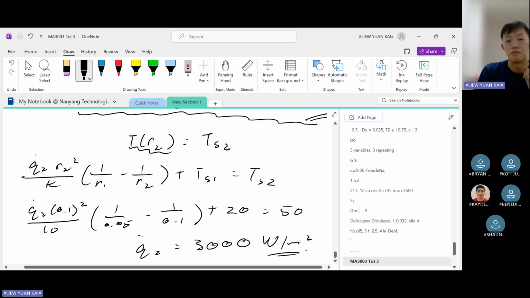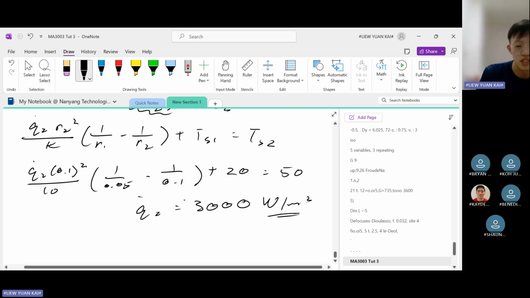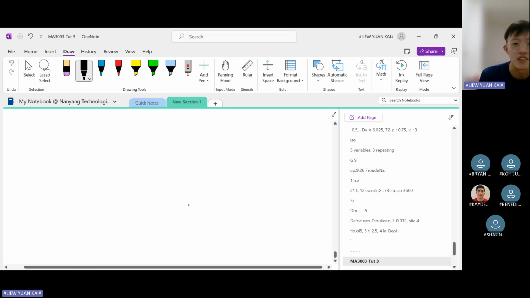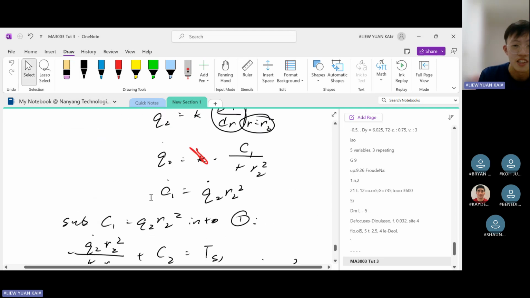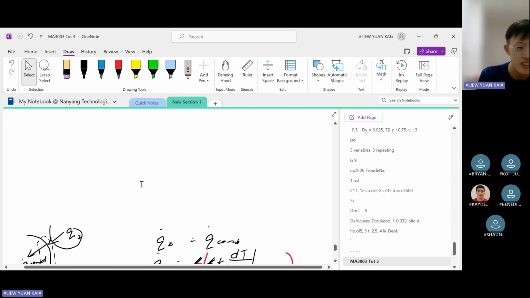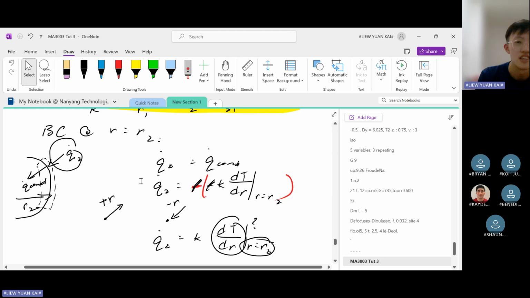But you notice my answer is positive 3000. How come the lecturer's answer is negative 3000? It's because of the direction I assumed. The direction I assumed is inwards, but the lecturer probably assumed that the direction flows outwards.